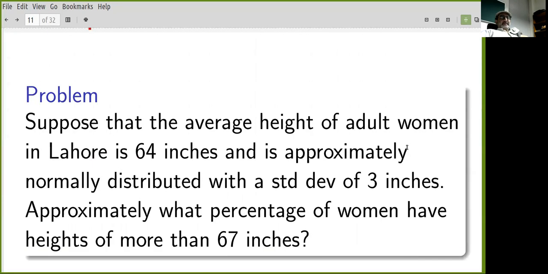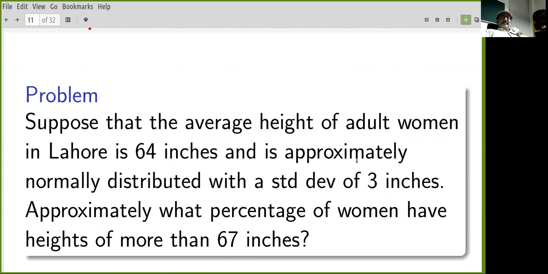So it's 64 inches, and the standard deviation is 3 inches. So what's the probability that heights are more than one standard deviation larger than the mean, which is 64 inches?